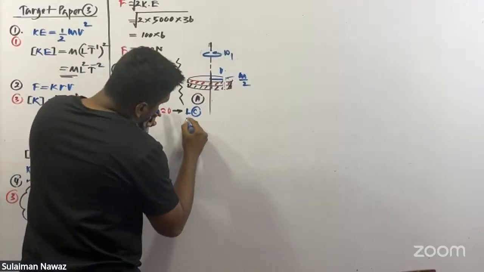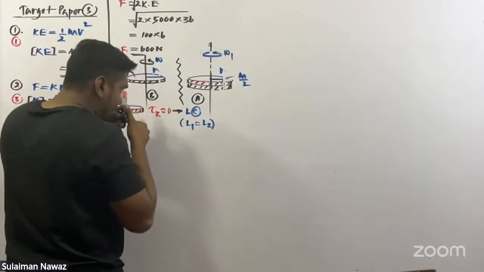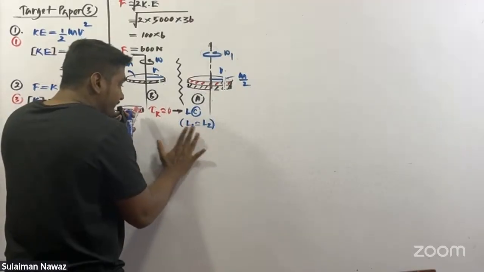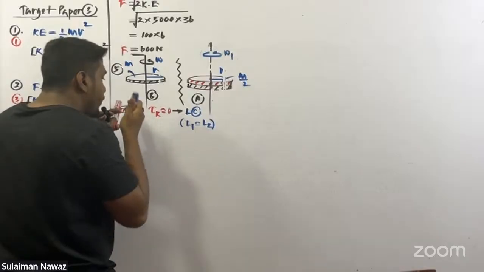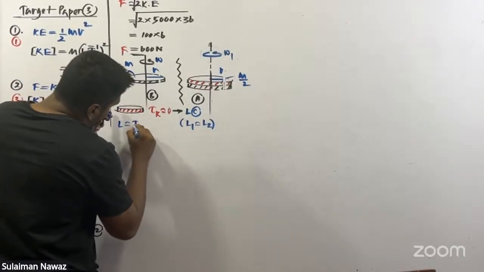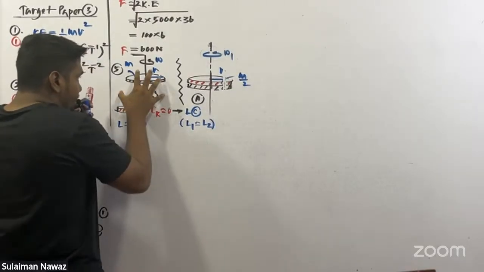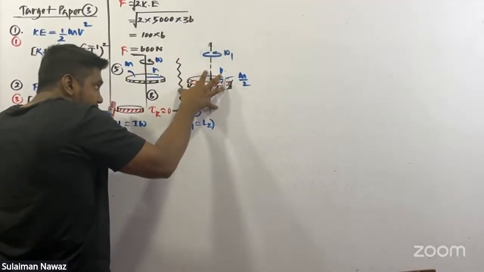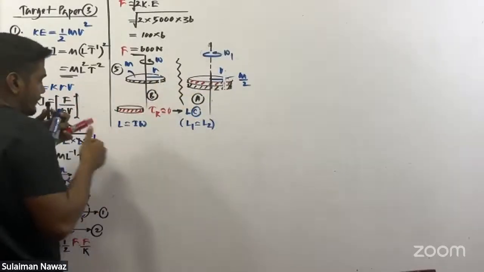We learned some equations for angular momentum. One is angular momentum equals I omega, moment of inertia times angular velocity. The very popular equation is L equals I omega. So we can say that the total angular momentum before must be equal to the total angular momentum after. That is what conservation of angular momentum depicts.